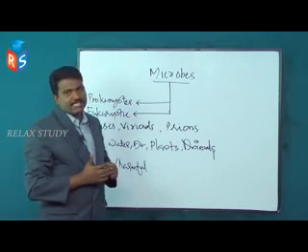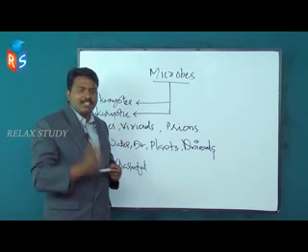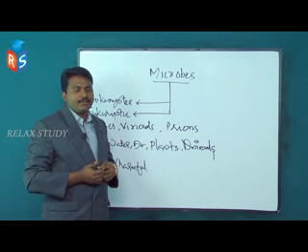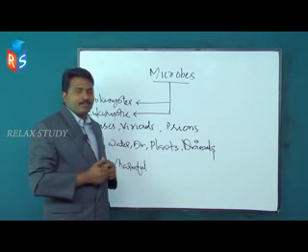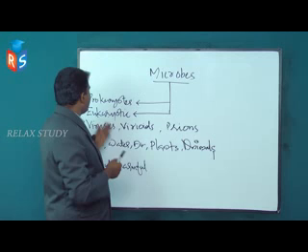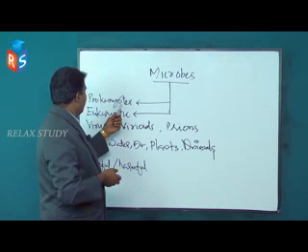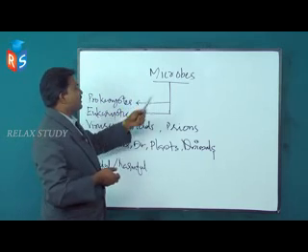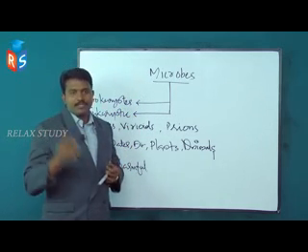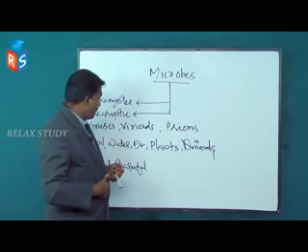Microbes like fungi, other than bacteria, take the case of yeast, all come under eukaryotic microbes. And there are prokaryotic microbes, that's bacteria. Bacteria come under the prokaryotic category, kingdom Monera.